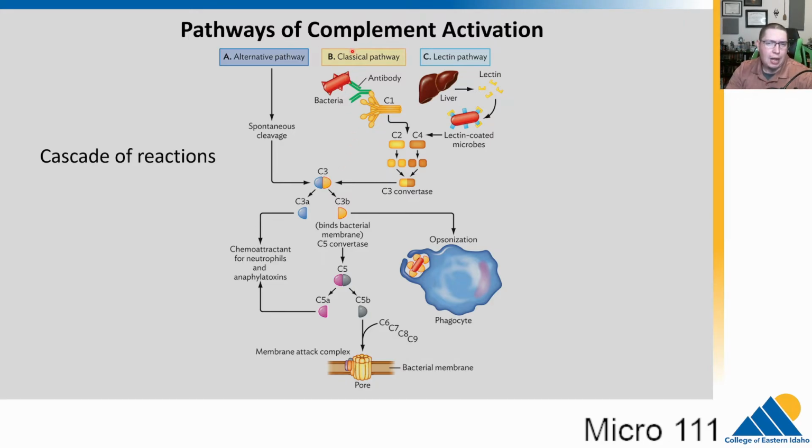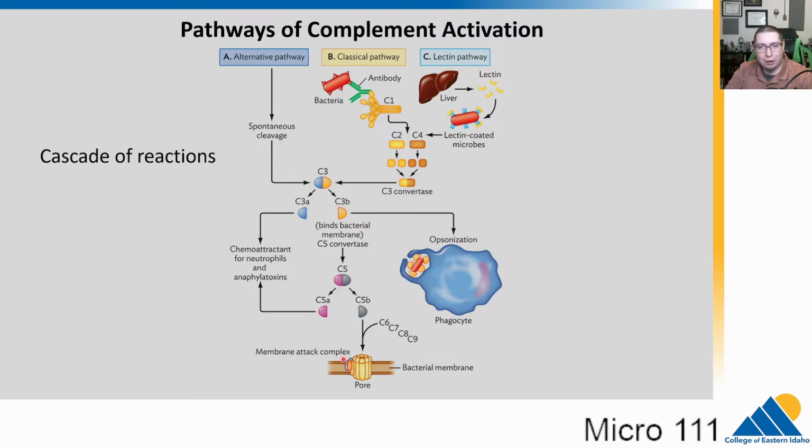In the classical pathway, we have an antibody attached to a bacteria, and that activates the C1 protein, which then activates C2, and it cleaves in half, and C4 cleaves in half, and then they fuse together and create C3, which then splits in half. That can lead to opsonization, where phagocytosis happens, or it can lead to a further cascade of C6, 7, 8, and 9, which all go and punch a hole in the bacterial membrane.